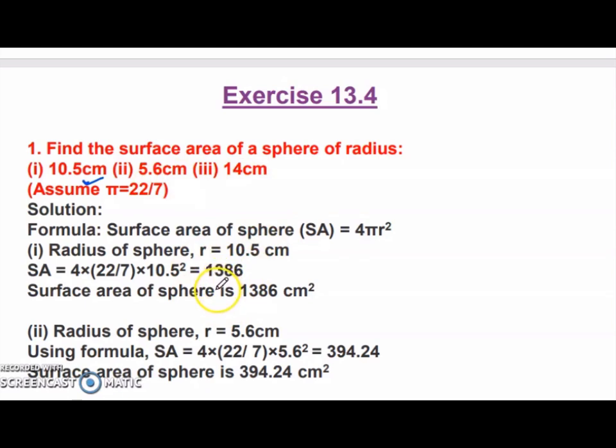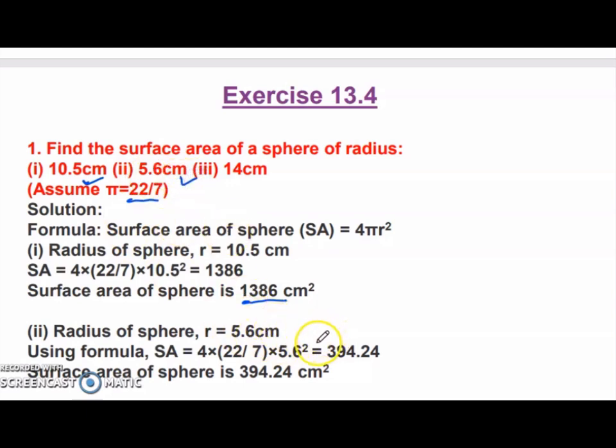So surface area of the sphere is 4 pi r square. In that, 4 into 22 by 7, you have to take pi 22 by 7, it's written here. Then r square, that is 10.5 into 10.5, and then you can evaluate the surface area. So this one also will be done similarly.